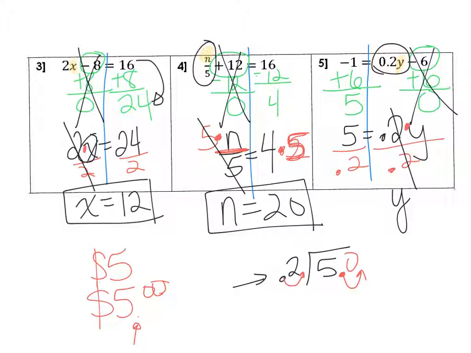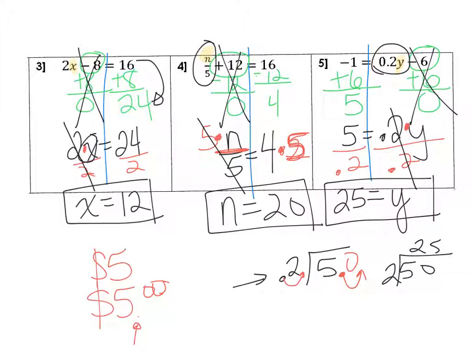So 50 divided by 2 is my new problem. That's really what I need to do. So 50 divided by 2, I know is 25. So now I go back to my equation and add that in there, that y is equal to 25. And I put a box around my answer.